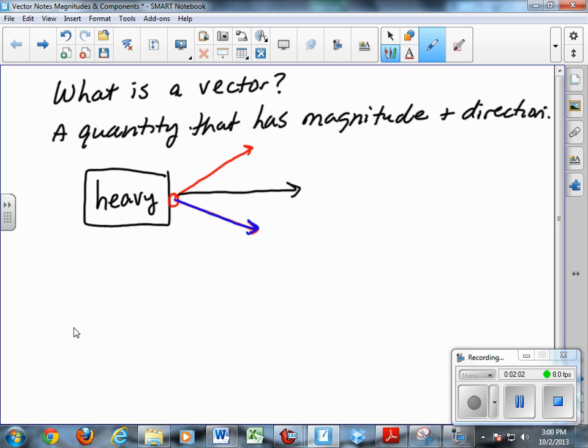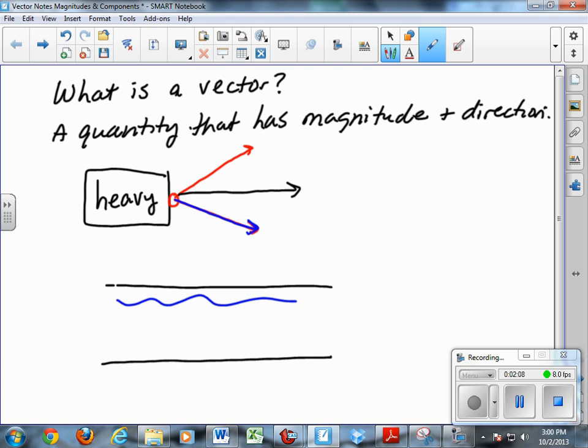Another example is, okay, I'm trying to row across this river, so we'll pretend this is a river with some water in it, and I have a little boat with some oars, and I'm trying to row straight across the river. Well, is that going to happen? Well, no, because this river has a current, and the current is going this direction.